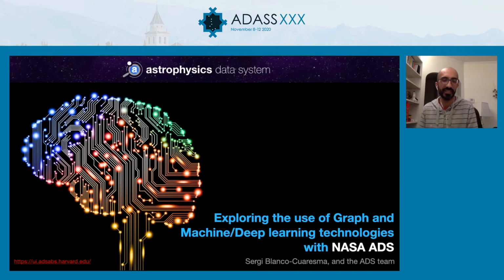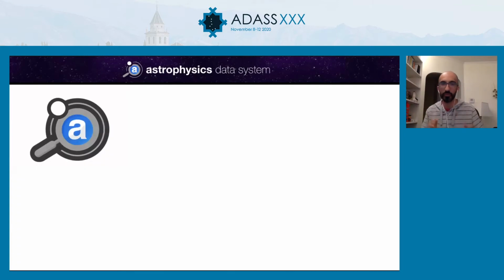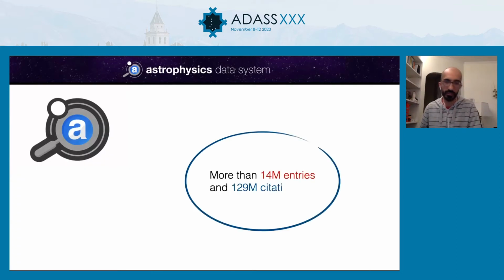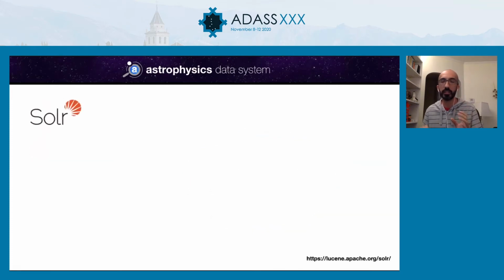Thank you, Jessica. As many of you know, ADS is a database of scientific articles, especially focused on astronomy and astrophysics. Right now it contains more than 14 million entries and more than 129 million citations. The core of ADS is a search engine named Apache Solr.